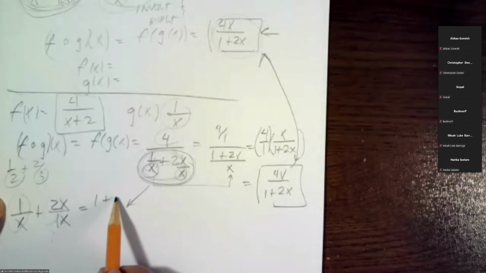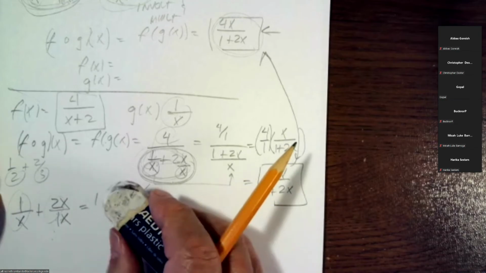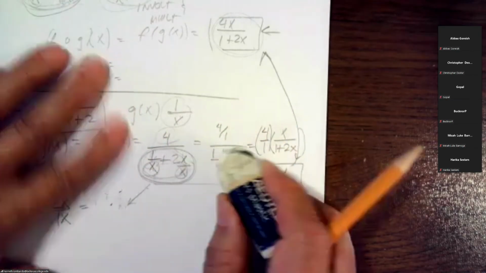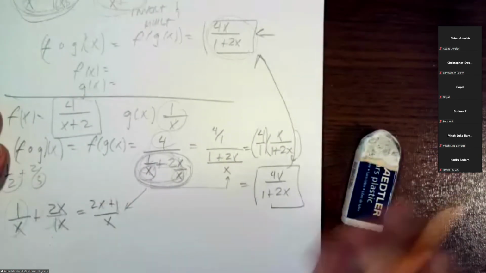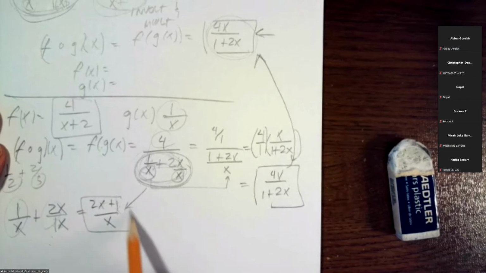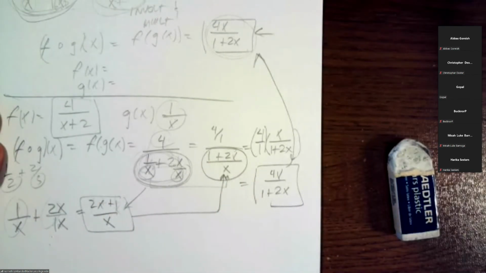Sorry, I meant 2x plus 1 over x. Okay. That's what we had here, isn't it? Okay. So we didn't have to multiply 4 by the x because we multiplied the 2 at the bottom with x.